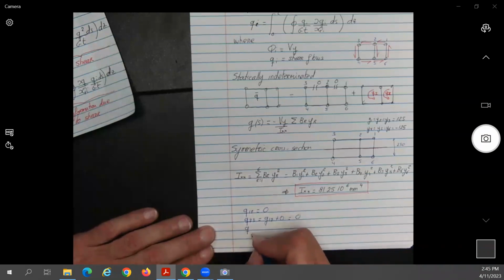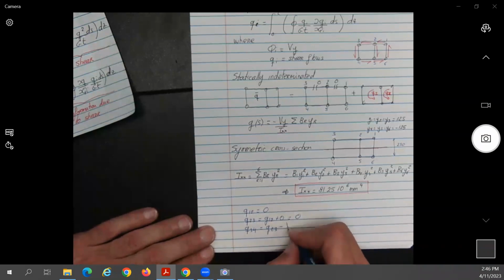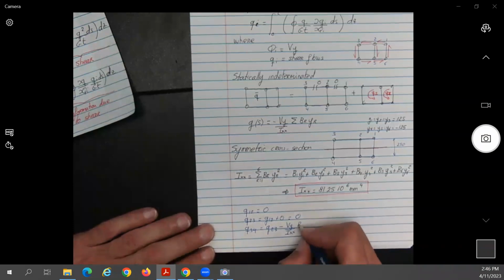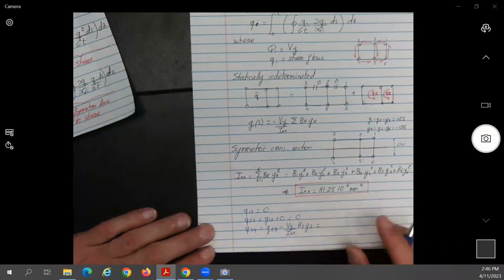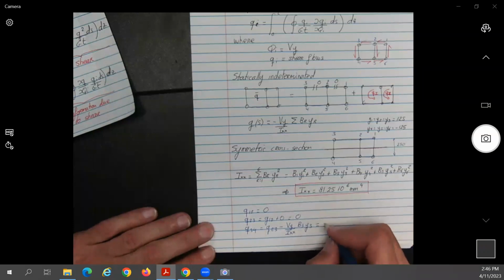Then Q34 should be equal to what? Q23 minus the Vy over Ixx of what? E3Y3. So this will give you 0 minus, let's say I leave it as Vy. Looks like it's going to work better for the algebra.